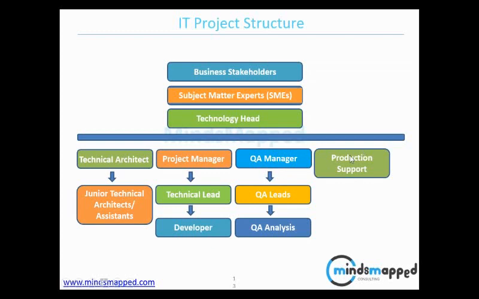And then you have production support. Production support is subjective, depending on how the project is defined. First of all, production support takes care of all the activities after delivery of the product or services, to make sure the user is able to use the product as expected, and if there are any issues, they take care of it.